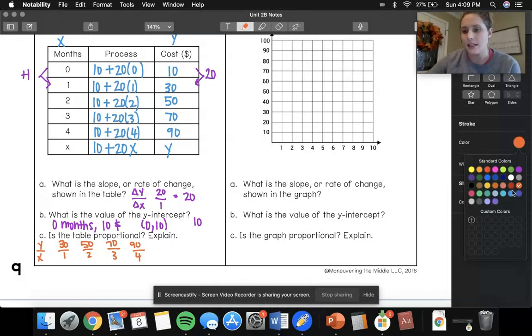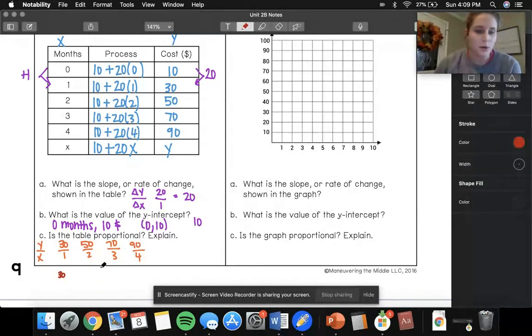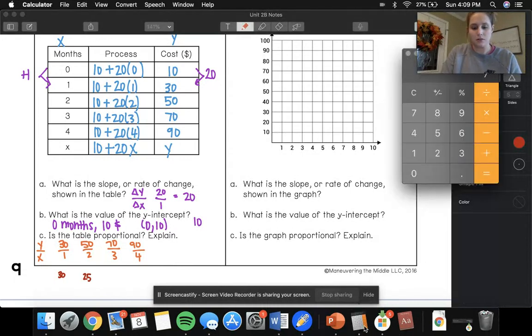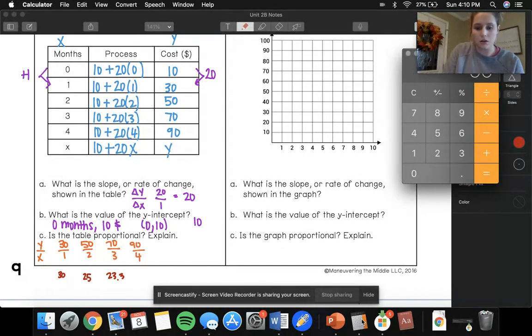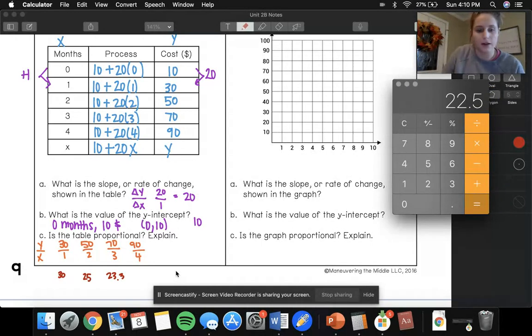And then if I get my calculator and simplify, 30 to 1 is 30, 50 to 2 is 25, 70 to 3 would be 23.3 repeating, and then 90 to 4 would be 22.5.